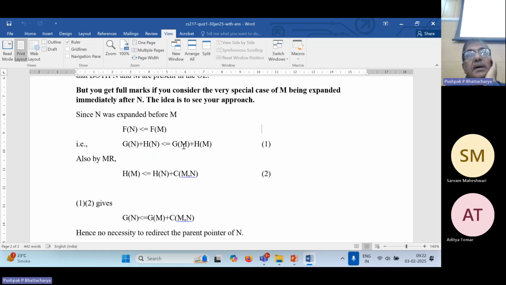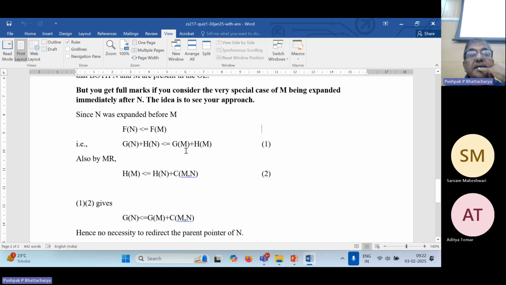Then also the proof needs a little more steps. Then what will happen is that the path of M to S will change and it will pass through N. And so the path of M will have the path from S to N as a prefix.